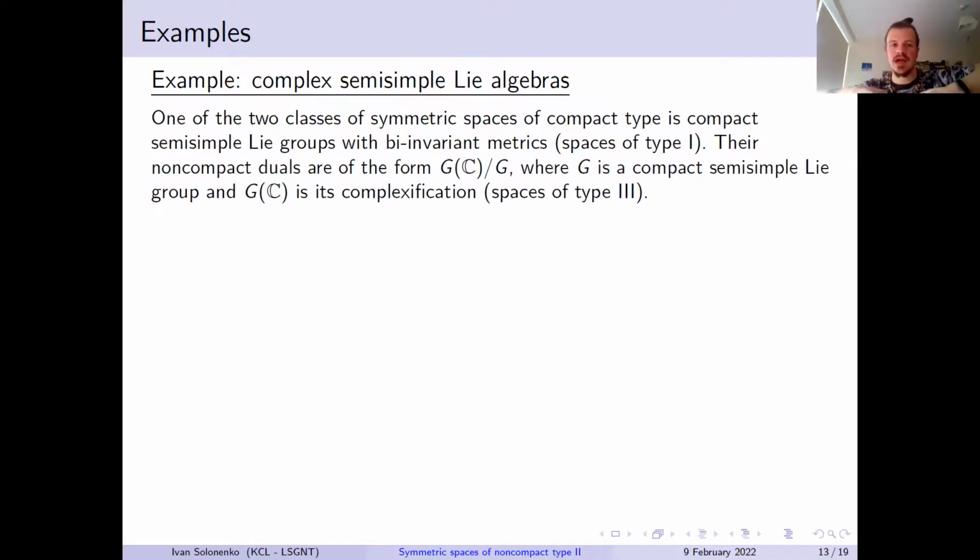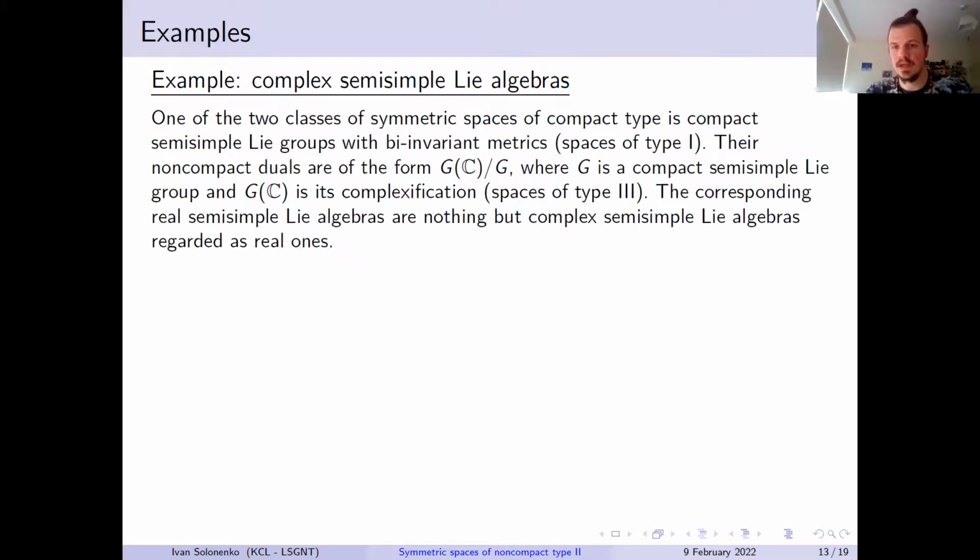So this is how you describe this in the realm of non-compact symmetric spaces. But you can also give it a description in terms of the corresponding non-compact semisimple Lie algebras. Because the corresponding real semisimple Lie algebras are nothing but complex semisimple Lie algebras regarded as real ones, where you forget about the complex structure.